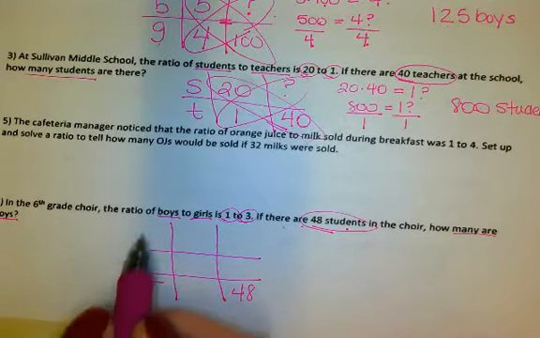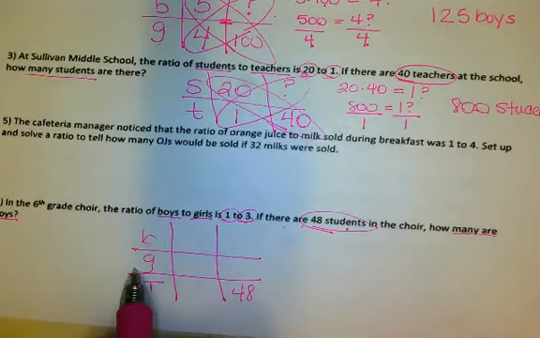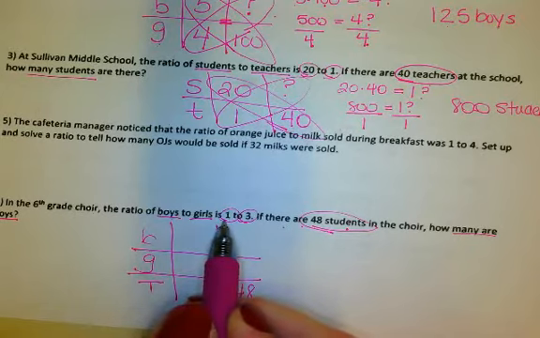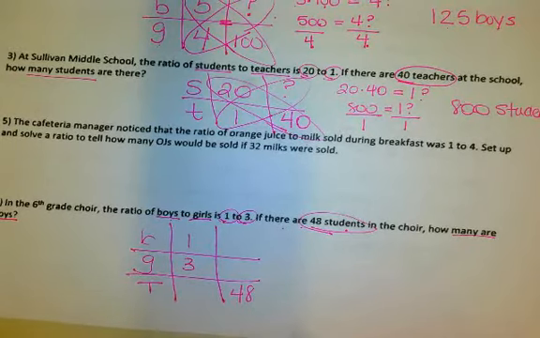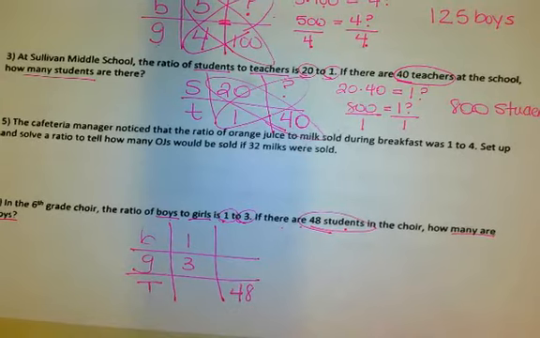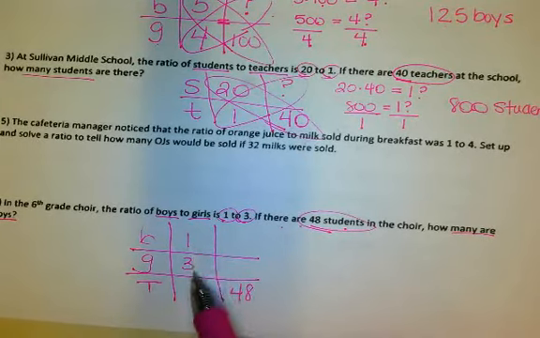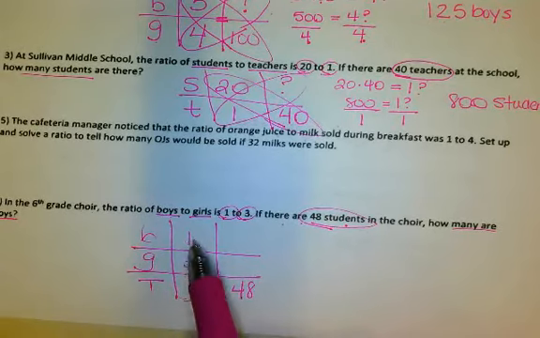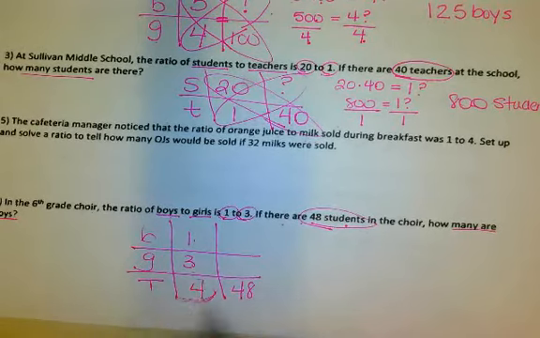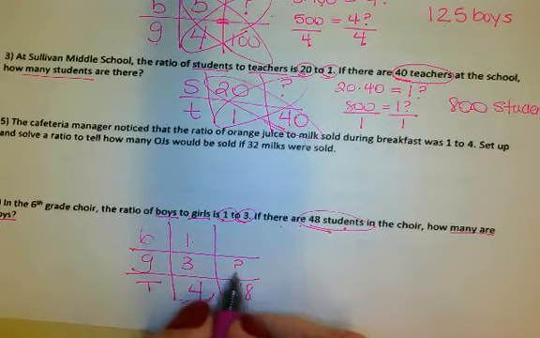Now, my ratio is boys to girls. And the first ratio is 1 to 3. Now, if you notice, we have a lot of empty boxes here. So the question is, if this is total, well, total means adding. So I can just go ahead and add these together to get this box right here. So 1 plus 3 is 4. Well, now I just do what I normally do.